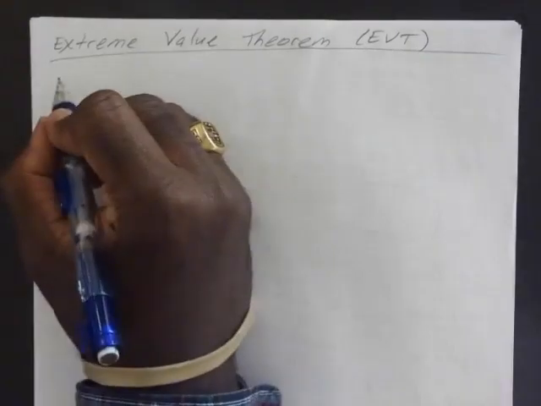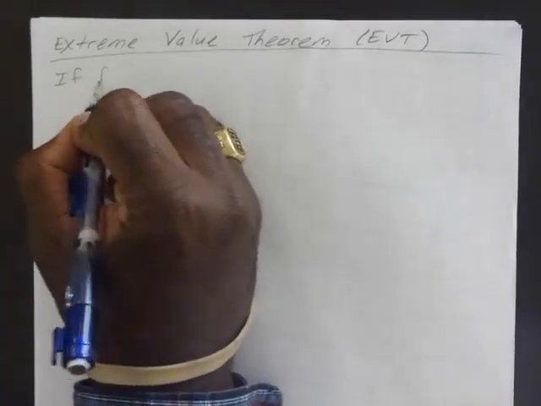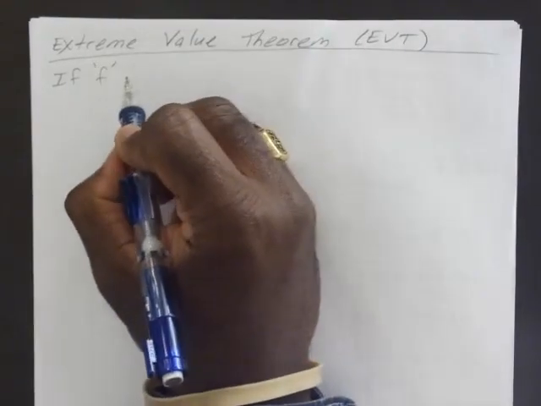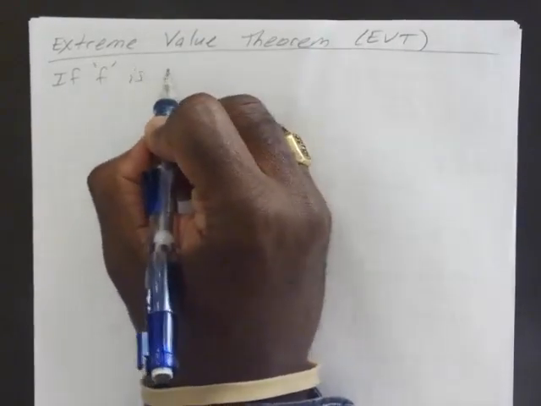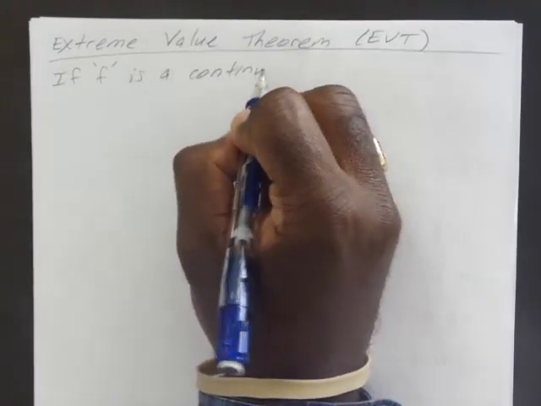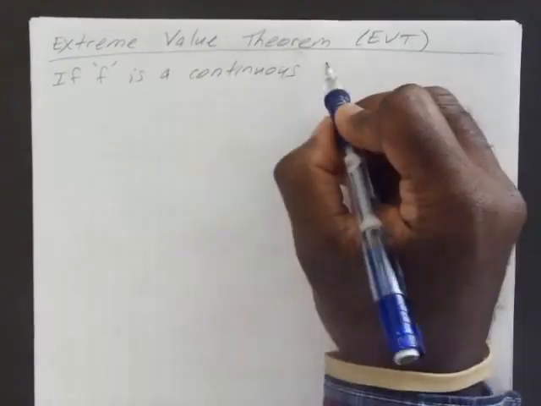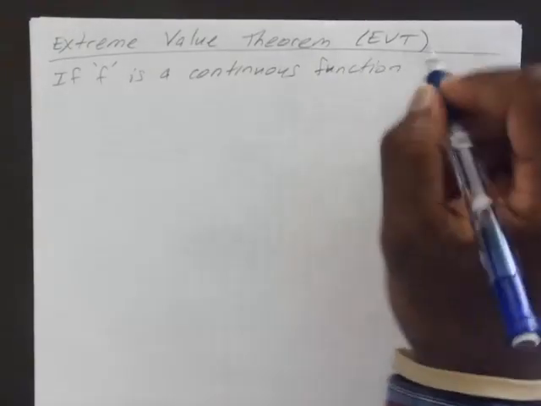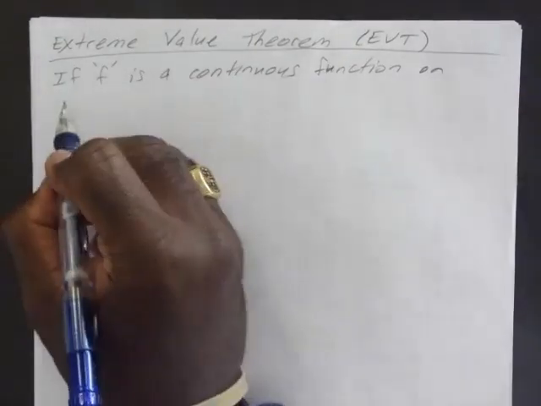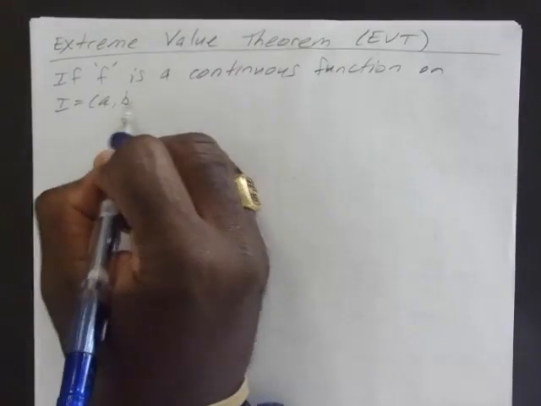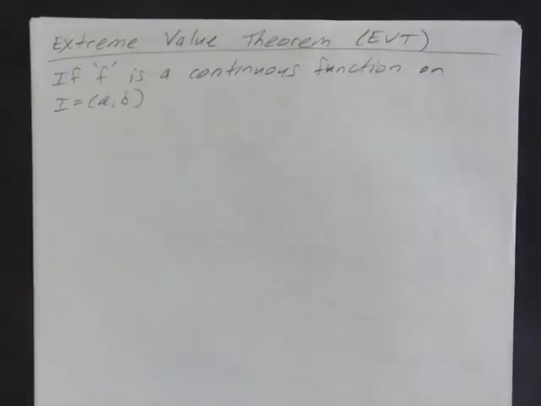Okay, so let's say our function f, it could be f of x, f of t, whatever, is a continuous function on some interval I, which is from x equals a to x equals b, if the independent variable is x.